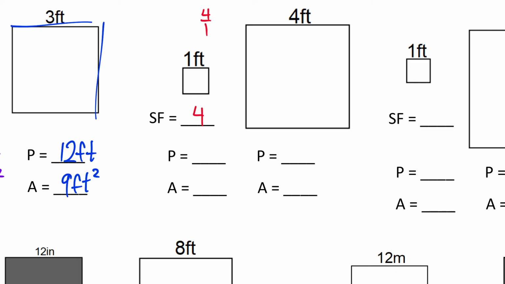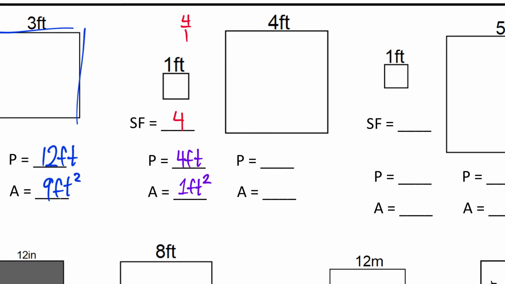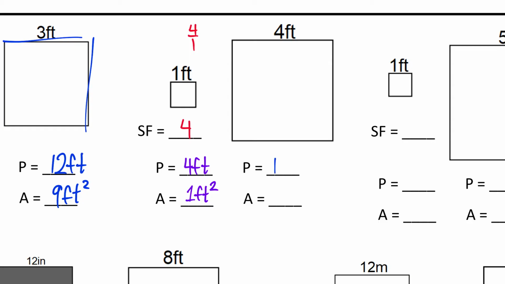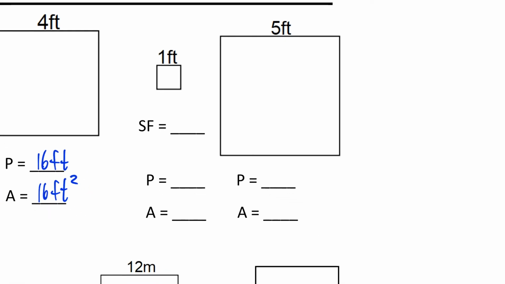Okay, what would the perimeter of that first square be? 4 feet. What's the area? 1 square foot. All right, what's the perimeter of the big one? It's 16 feet. What's the area of that one? 16 square feet. Okay. On this one, what's the scale factor?